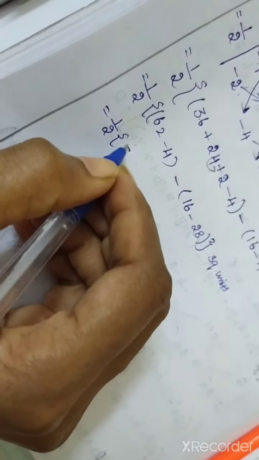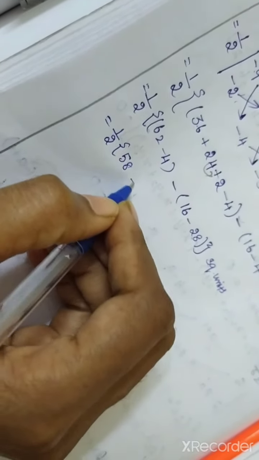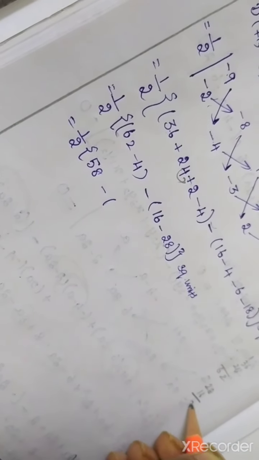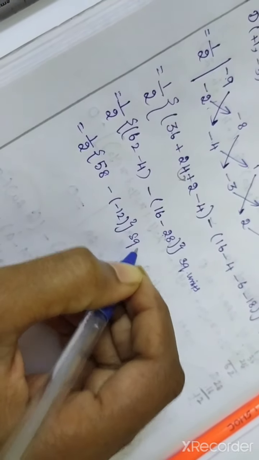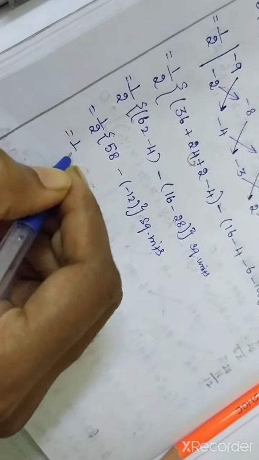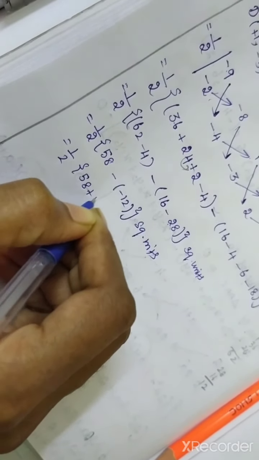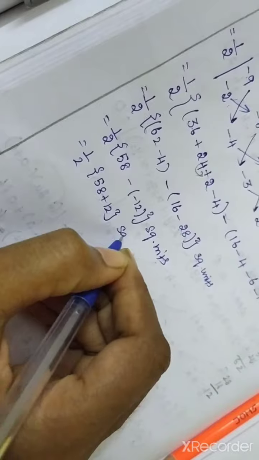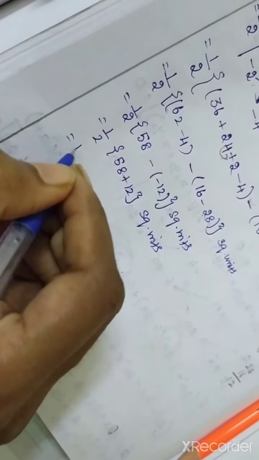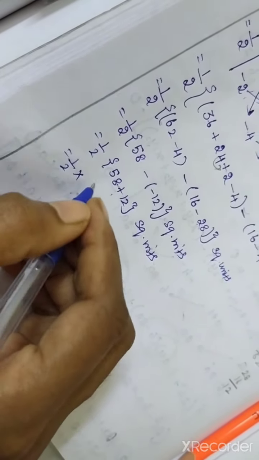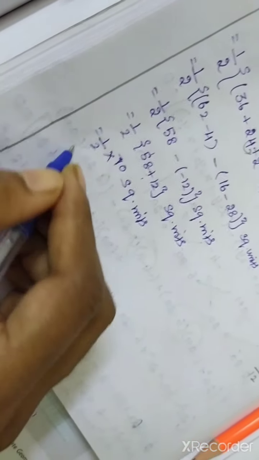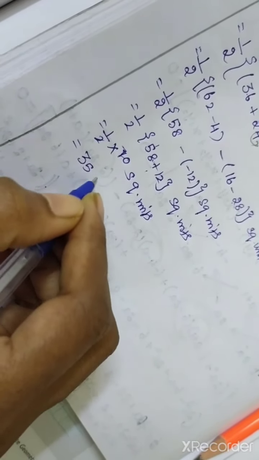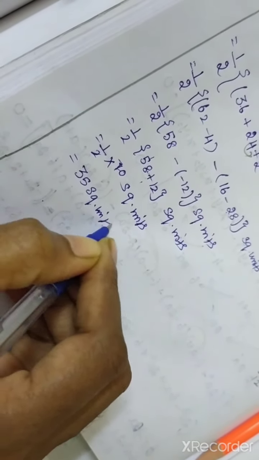Subtracting 4, I am getting 58. So minus of 28 minus 16, 12. Minus 12, because the biggest number is negative. So 1 by 2, 58 plus 12, 1 by 2 into 70 square units. Cancelling this, 35 square units.